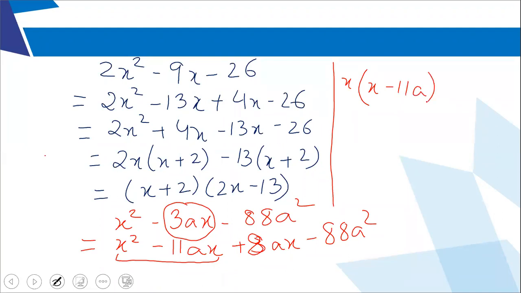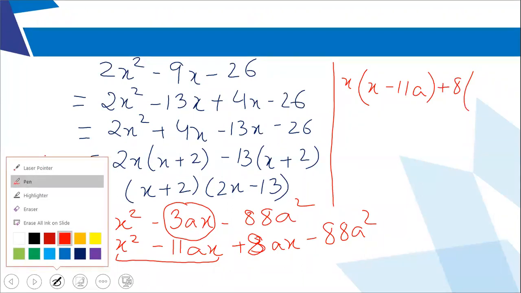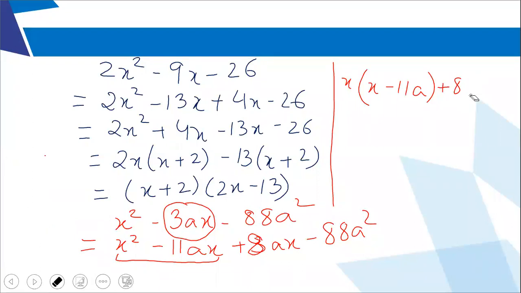From the next two terms, I'm going to take plus 8a common, and within bracket it will be x minus 11a. And then from the first term as well as the second term, x minus 11a and x plus 8a.